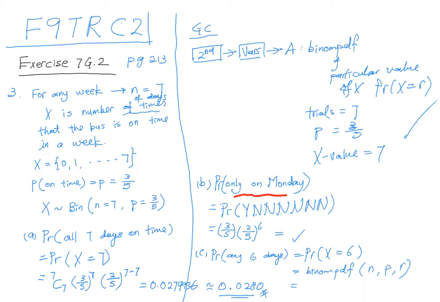And I'm going to teach you how to use your GC also. Okay, part D. Probability of at least 4 days. So what does this mean? If I write it in mathematical symbols, X at least means greater than or equal to 4.